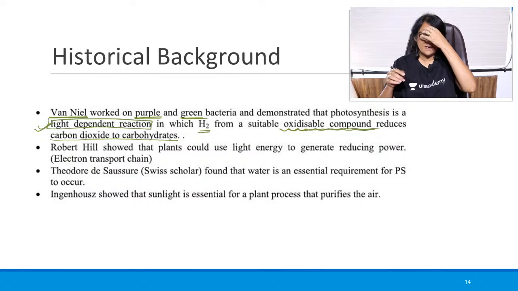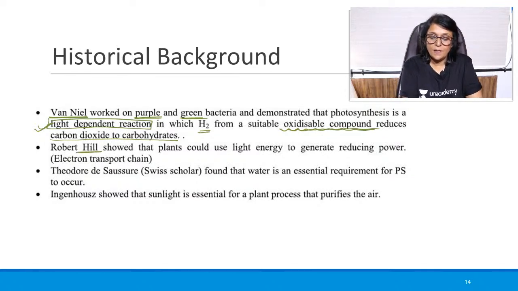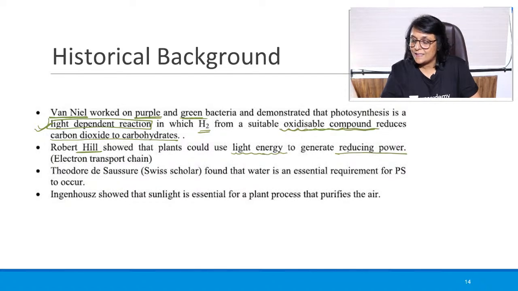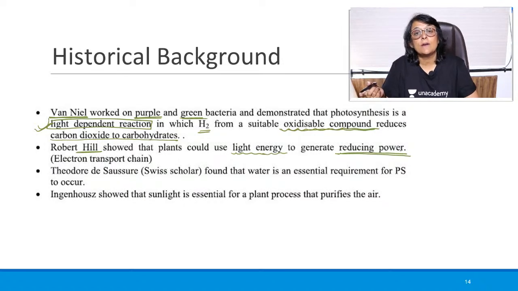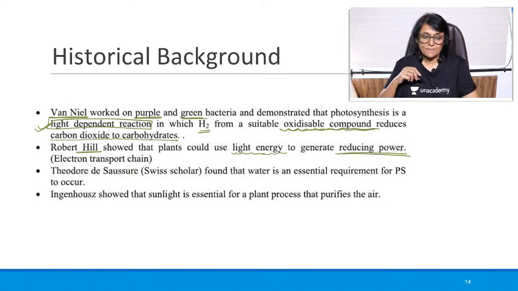These things will be clear when we actually come to the reactions. Robert Hill showed that plants could use light energy to generate this reducing power, and the same reducing power is used to reduce carbon dioxide, which gets reduced into carbohydrates.